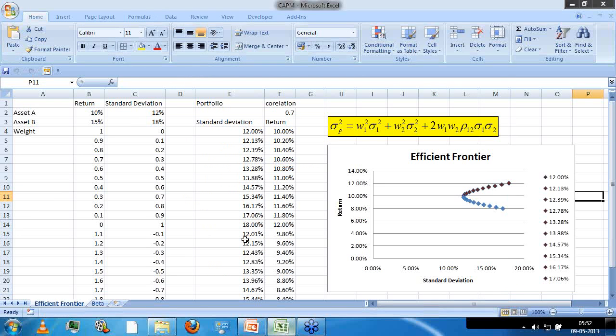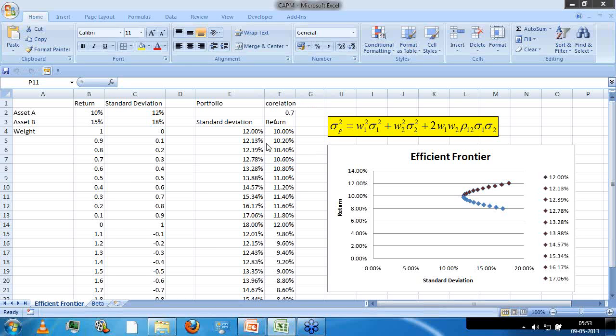So suppose that you have two different assets, asset A and asset B. Asset A is giving you 10% return and asset B is giving you 15% return. If the correlation between asset A and asset B is, suppose, 0.7, which is positive, that means asset A and asset B have a similar pattern in the movement of their stock.